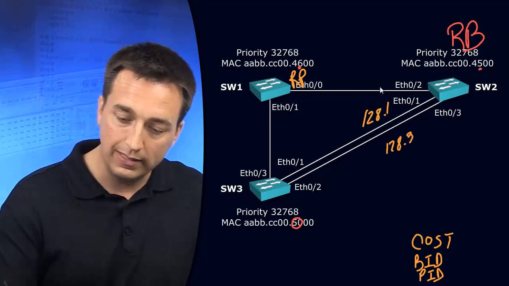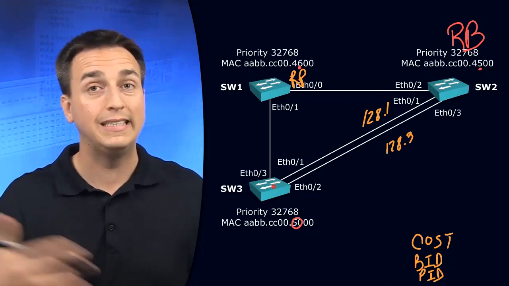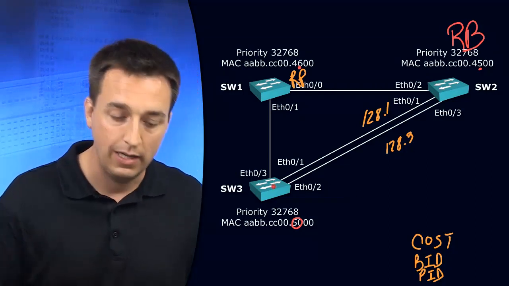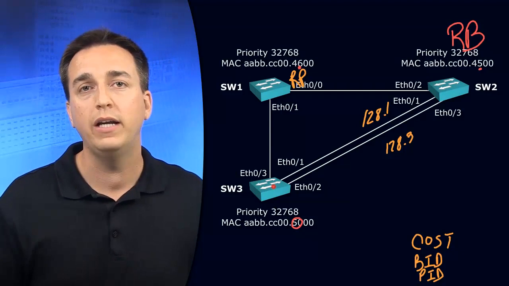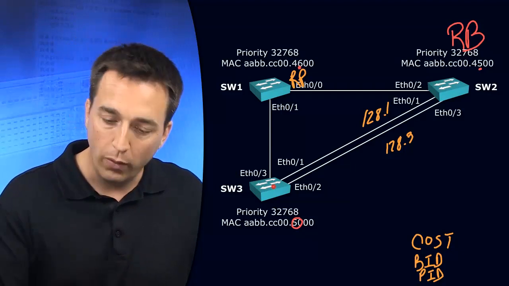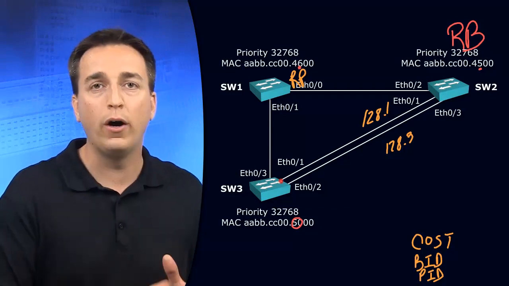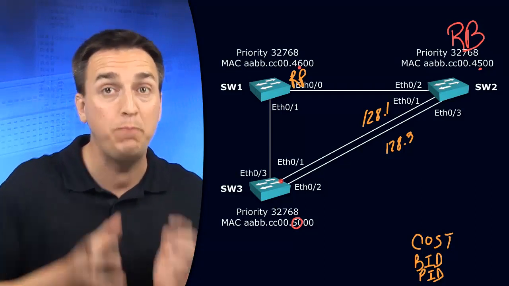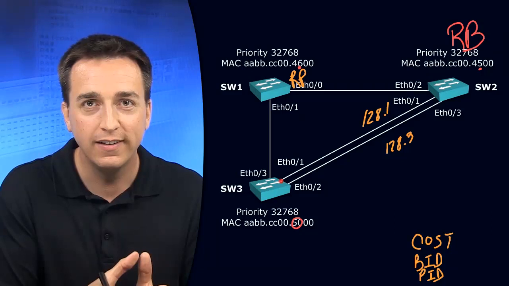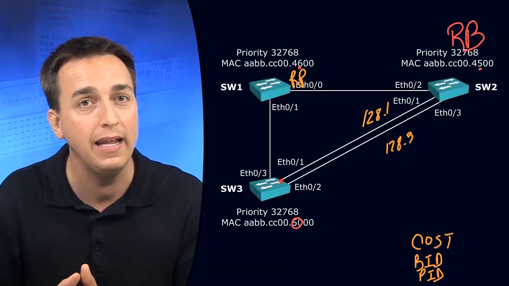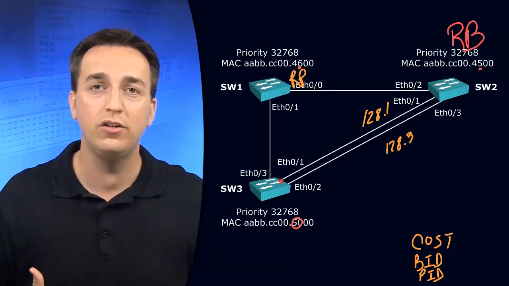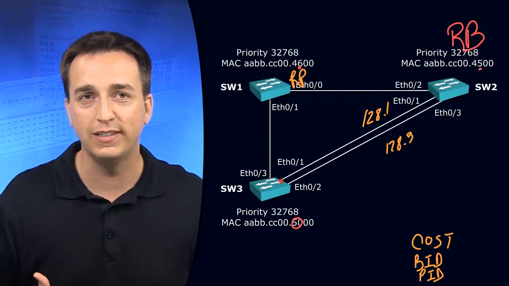So now when switch 3 examines the BPDU and it's looking at the port ID, it sees that 128.1 is lower. So when that BPDU arrived in on that port, this port is better because the BPDU is better because it has the lower port ID coming into it from the root bridge in this case.